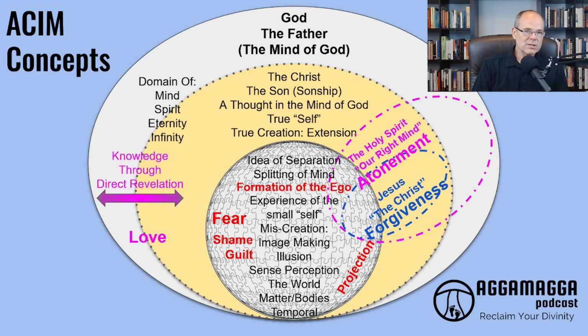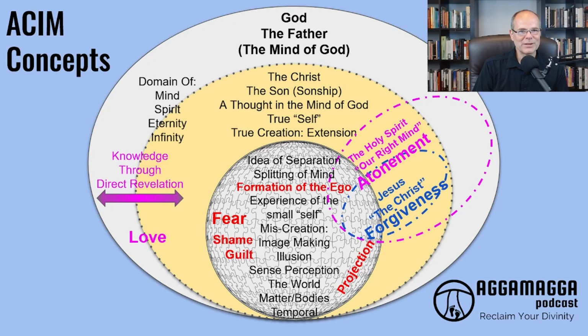And in that process, we go through this atonement process. And that brings us back to our right mind. So in a nutshell, those are the core concepts of the Course. And that's what this diagram tries to point out.